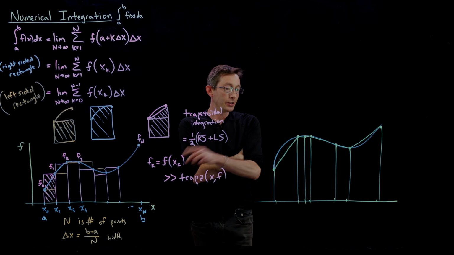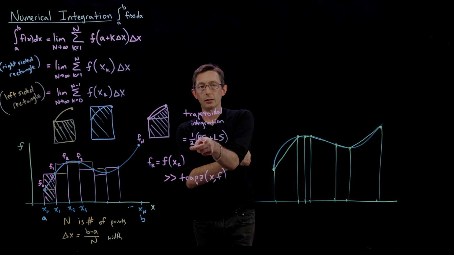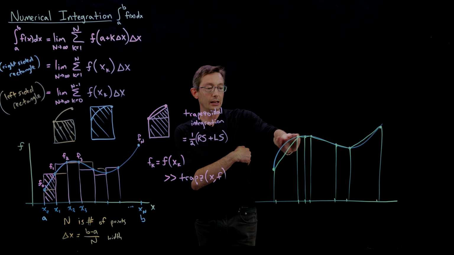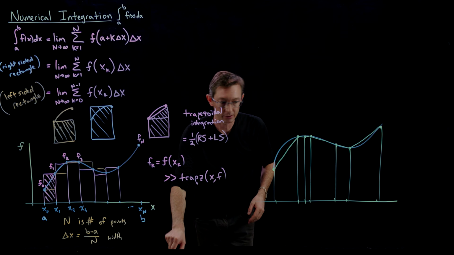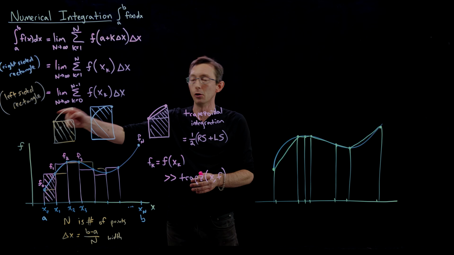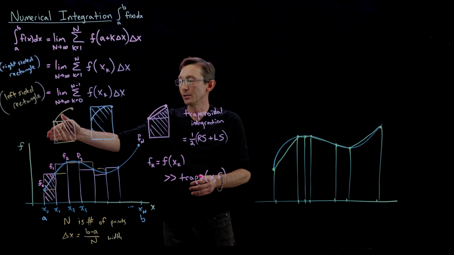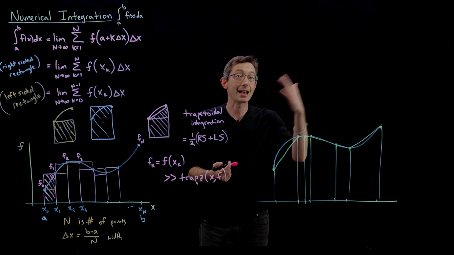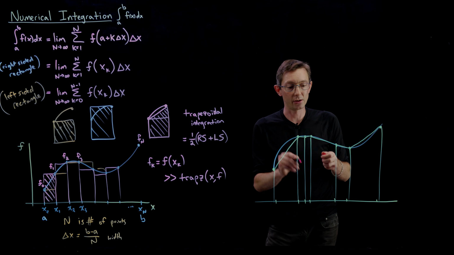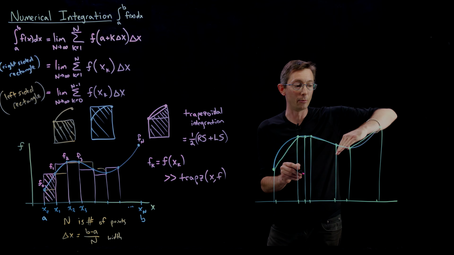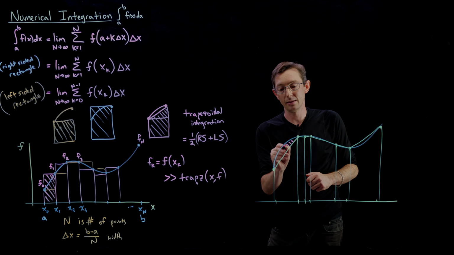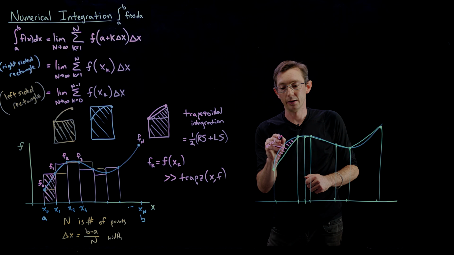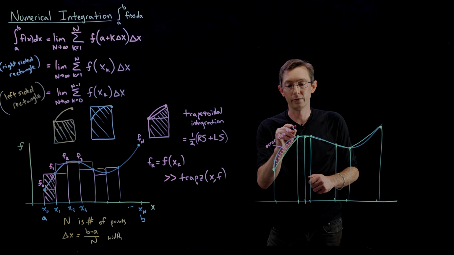And you'll notice that the trapezoidal integration is going to be exact, except for this second derivative curvature here. Just like these guys overshot or undershot the value depending on the slope, the trapezoidal integration error comes from the second derivative, from the curvature. So regions that are approximately linear are almost perfect, and you only miss this part here because of the curvature. This is the error due to curvature.